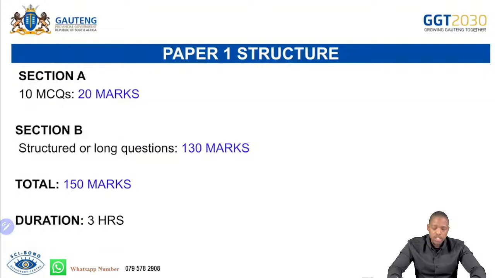Section B has structured or long questions, which if we only have multiple choice questions on section A, then section B will be out of 130 marks. But if we also have the matching items on section A, section B will be about 122 marks. The total marks for paper 1 is 150 marks, and the duration is 3 hours.